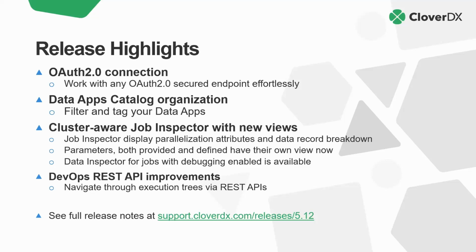Also, we added a functionality where you can add a custom icon to your data app, so you don't have to rely on those generic ones which are generated for you.